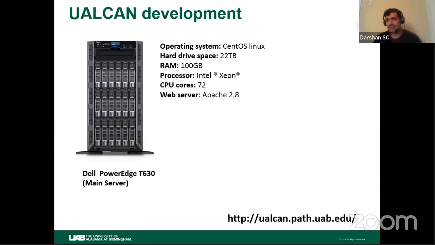The operating system I am most acquainted with is Linux, and CentOS is one of my favorites. That's why I use it, and it's also light. We also have a backup server with the same capacity for this tool, and that's the actual story of UALCAN development.